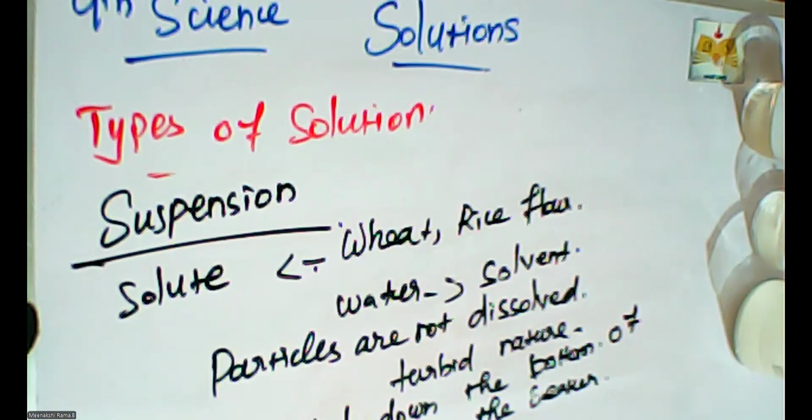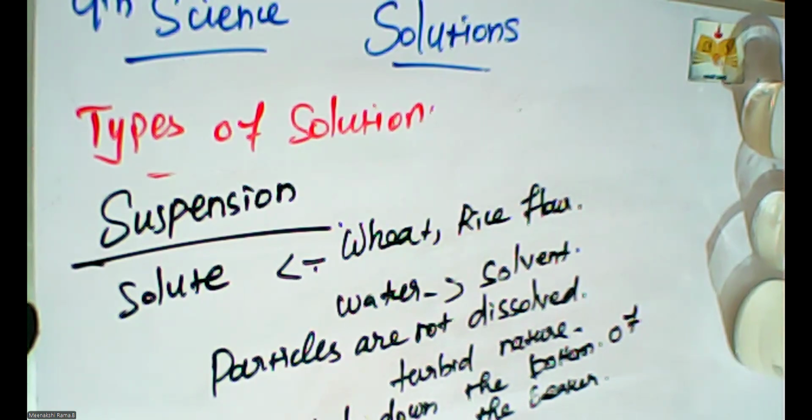Okay. So there are more details in the colloidal solution. A colloidal solution is a heterogeneous mixture system consisting of the dispersed phase and the dispersion medium.